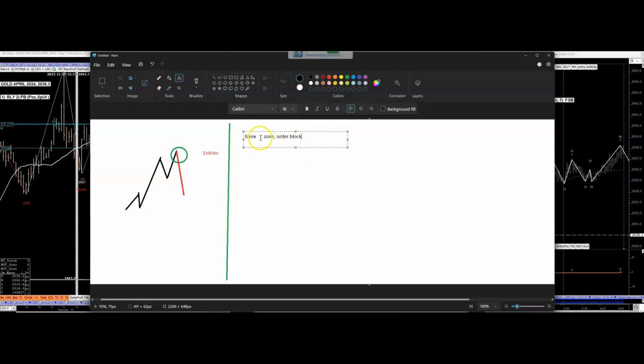It's either the zone or the order block, mostly from the Forex guys. The stock guys will say VWAP, and the retracement, like 50 or 68, something like that, like halfway back or 68% retracement.